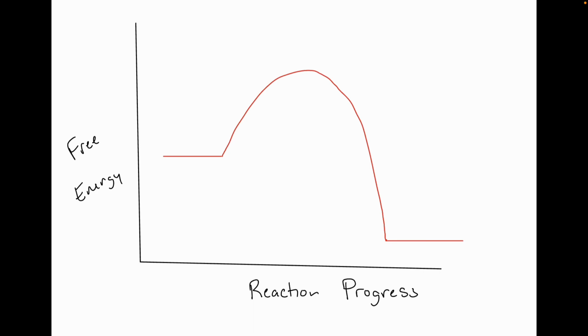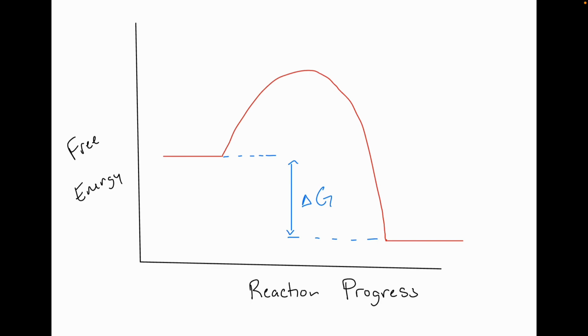Again, the difference in energy between my reactants and products, this gap here is the delta G of my reaction, right? Just the straight up difference in energy between the reactants and products.